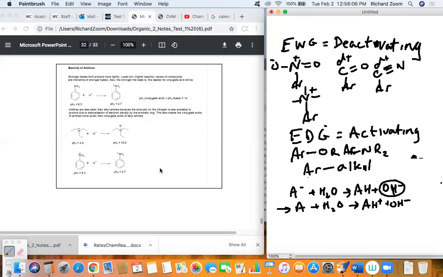So when you're asking it on the test, or let's just say on the quiz, I don't know if the quiz is the same as the test. It pretty much is. It gets a little confusing. When you're asking about, do you ask it different ways each time? Like sometimes it says conjugate acid and sometimes it says base. Yeah, there's two different kinds of questions. So just because it says base at the end doesn't mean we're really talking about the base. If you're asking about the conjugate acid, then you've got to consider the conjugate acid.